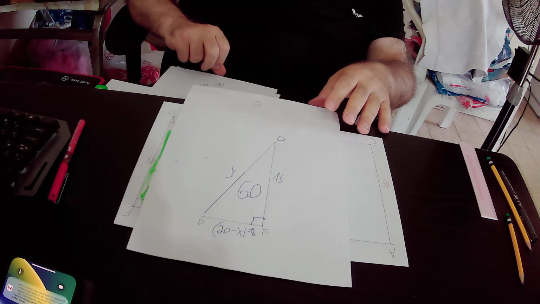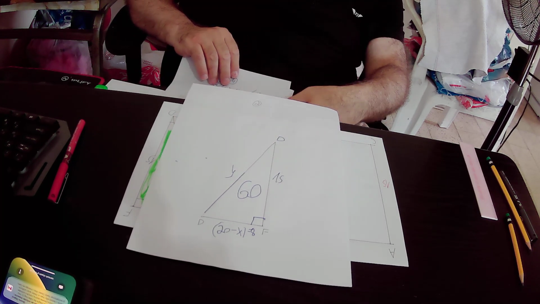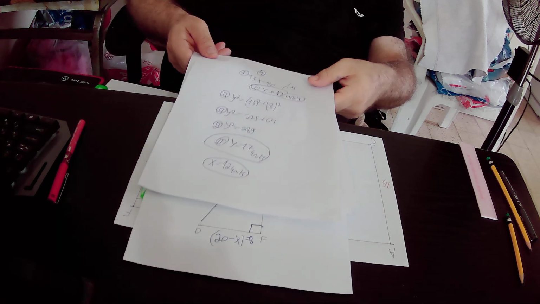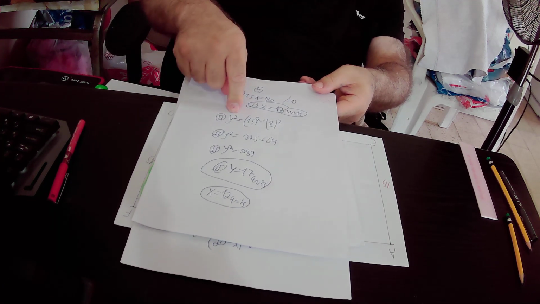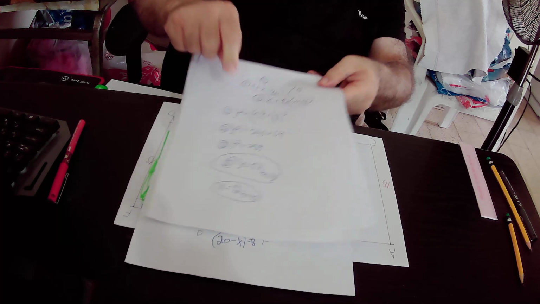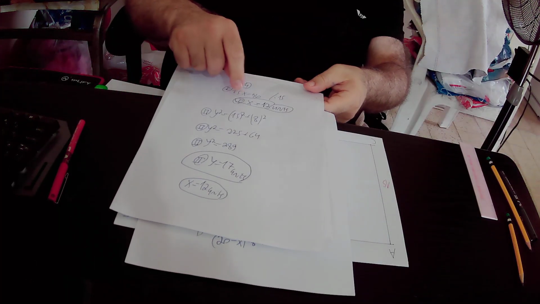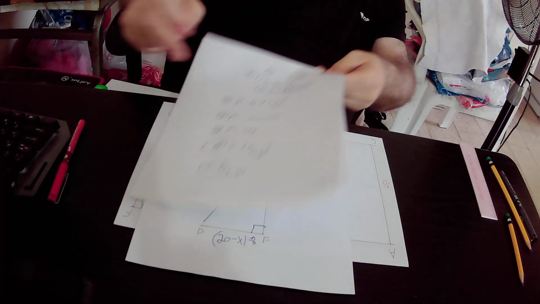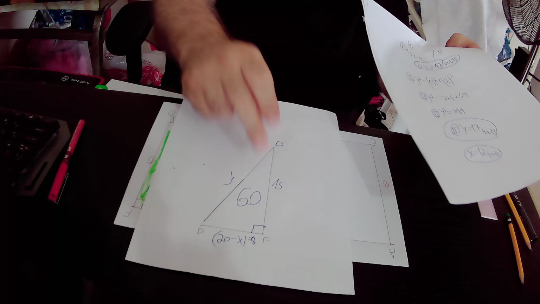Okay? So we wrote our second equation that states that the square of the hypotenuse, y square, equals the sum of the squares of the perpendicular sides, 15 square plus 8 square.